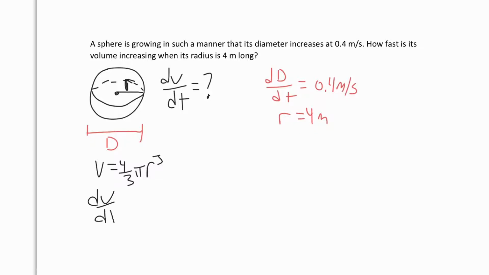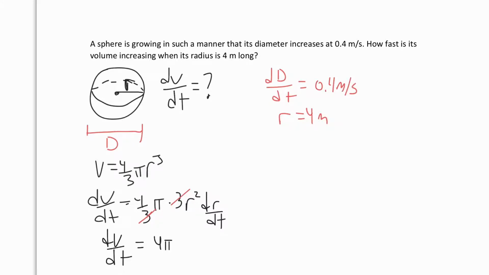So let's take the derivative. dV/dt equals 4 over 3 pi times 3r squared dr/dt. And we could go ahead and cancel those 3's here. So this is going to simplify to dV/dt equals 4 pi r squared dr/dt.